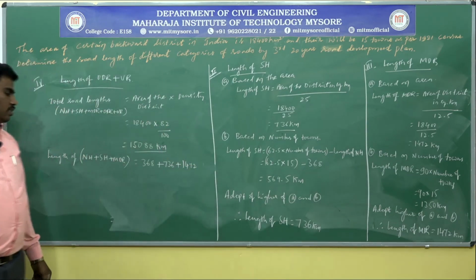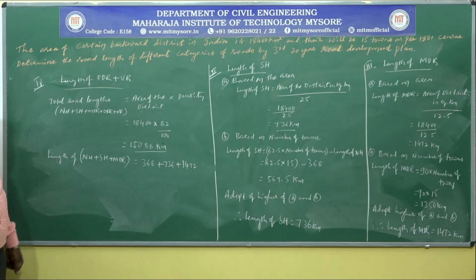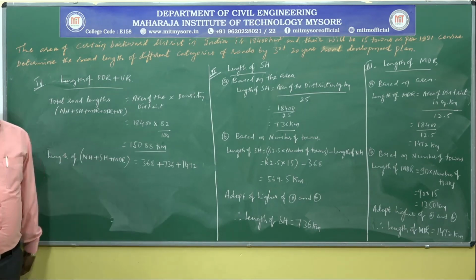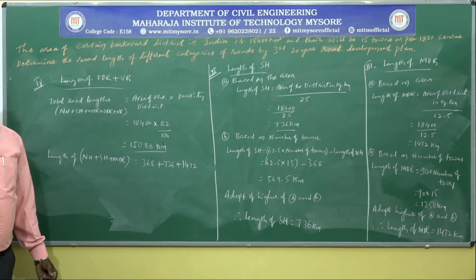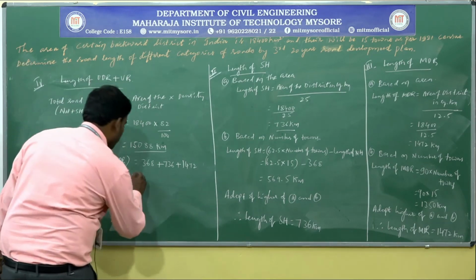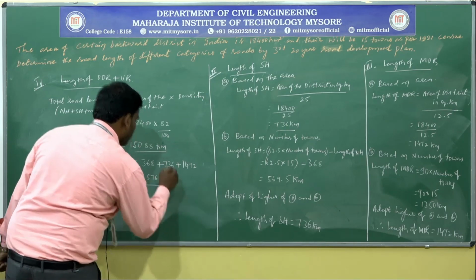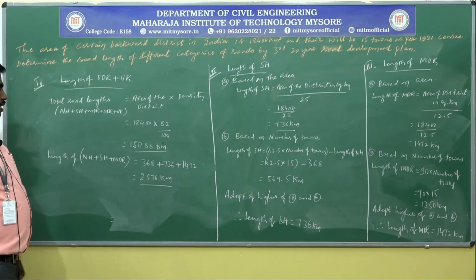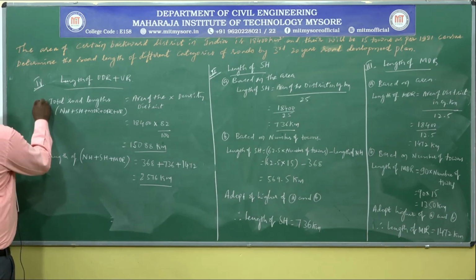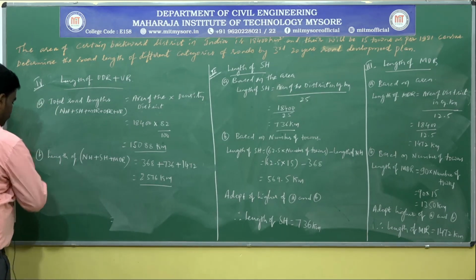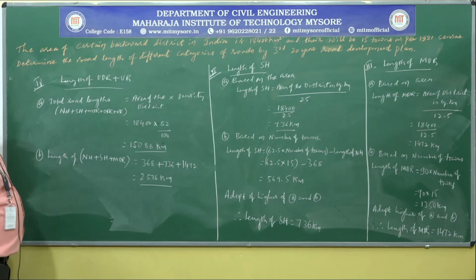The summation of these, NH plus SH plus MDR, is about 2576 kilometer. Say this one is A and this one is B.